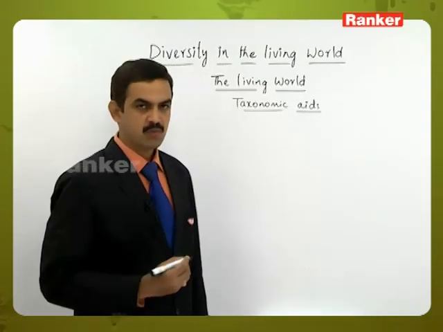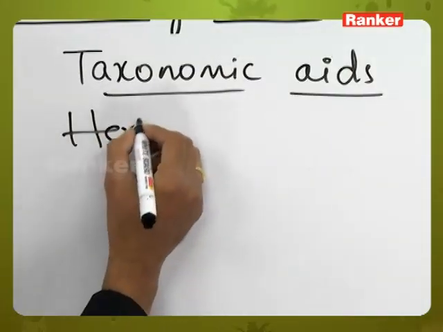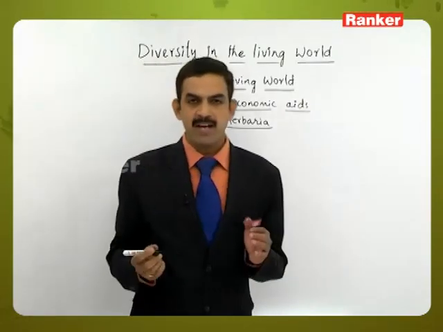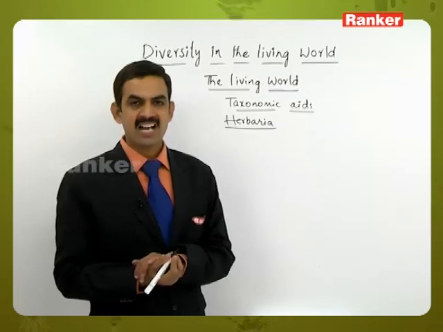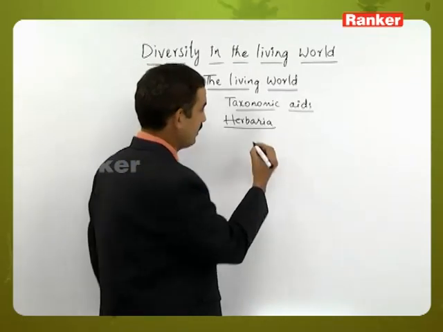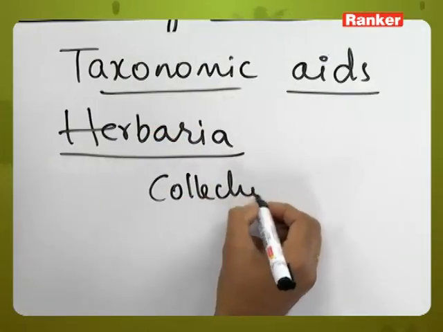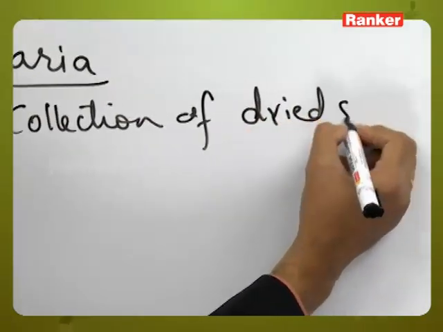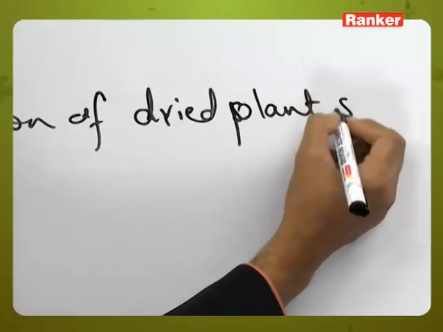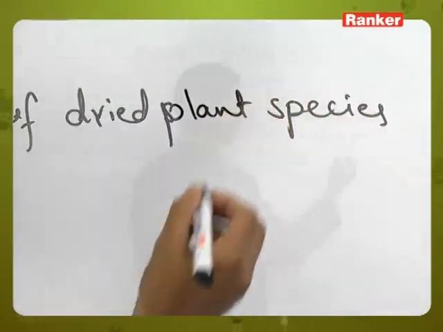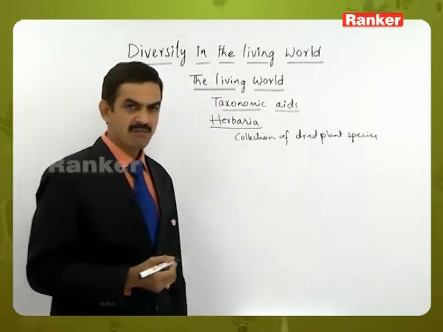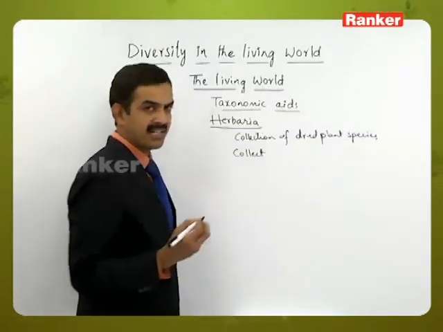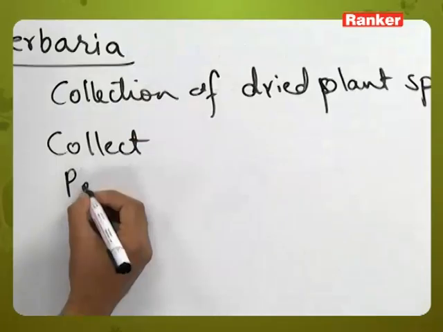Okay, let us start with the first one, that is herbaria or herbarium. Herbaria is nothing but the collection of dried plant species. The collection of dried plant species is called herbarium. For this purpose, first we collect the plant species and after collecting we press them.